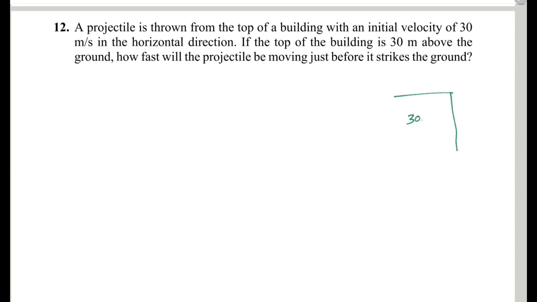It was 30 meter height, and the ball is horizontally fired with 30 meters per second, and it hits the ground right here. Now the question, how fast will the projectile be moving just before it strikes the ground? So it asks actually about the velocity just before it strikes the ground here.